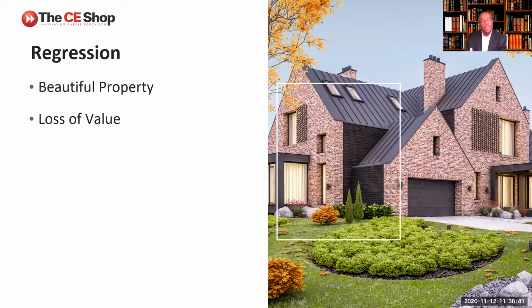They may fear that that restaurant would have a negative impact upon value, i.e., it would be regressive to their property values. So remember, regression is the loss of value of a higher value property due to a property of lower value within the neighborhood.